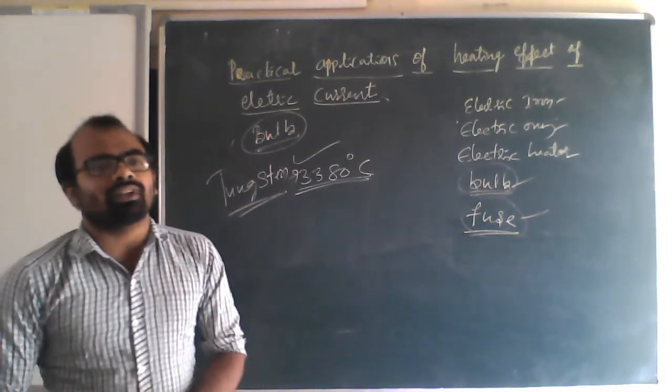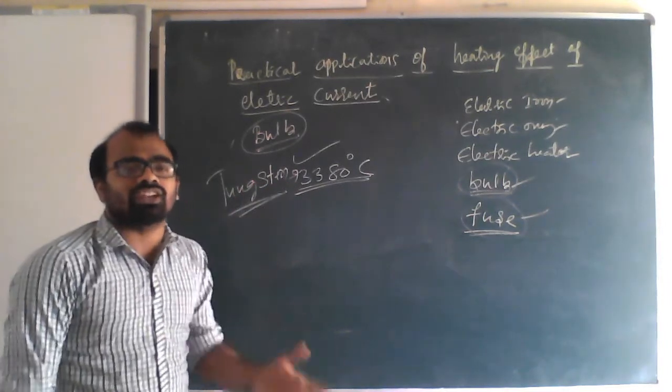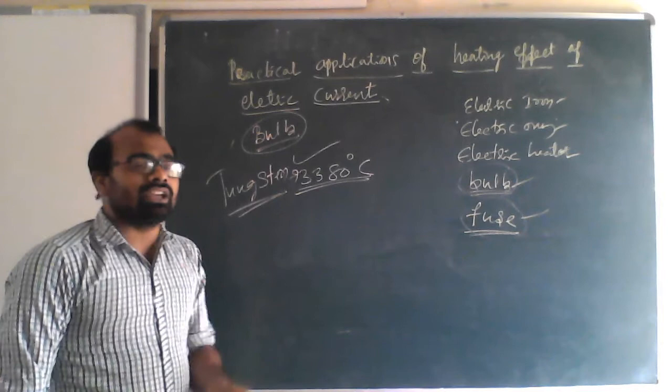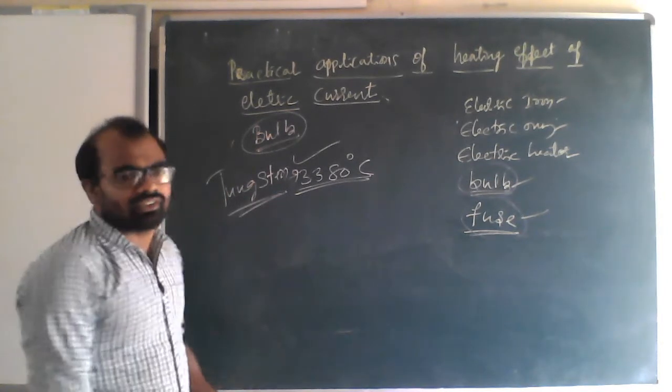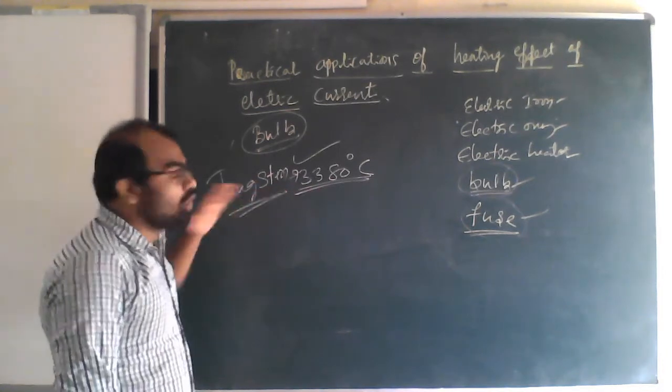But tungsten has a high melting point of about 3380 degrees Celsius. That means even though the temperature increases and a lot of heat energy is produced, it will still not melt.